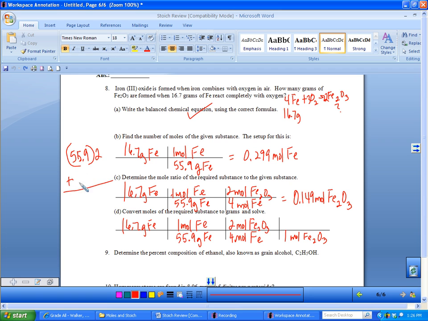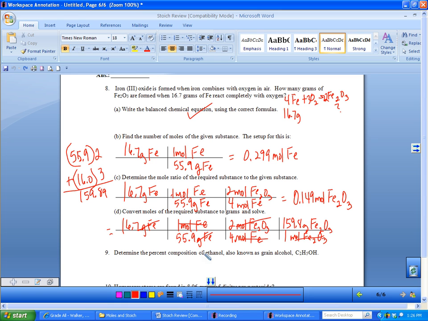And to that, I'm going to add 16.0 times 3. If I do the math correctly, I get 159.8 grams of Fe2O3. Cancel, cancel, cancel, cancel, cancel, cancel.